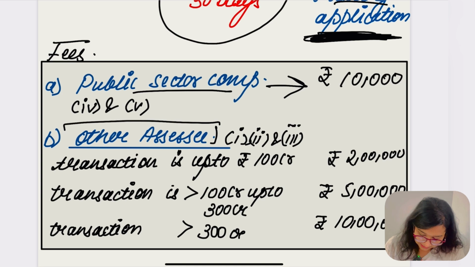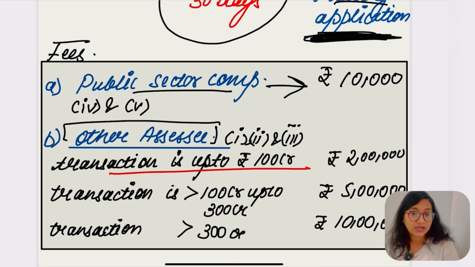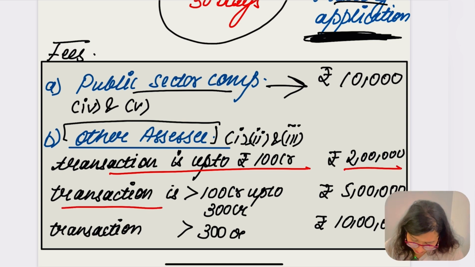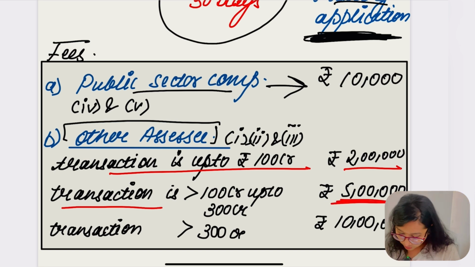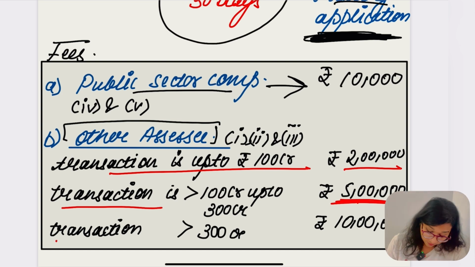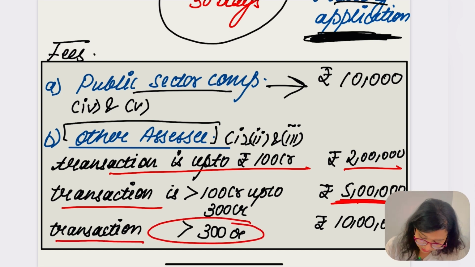For any other applicant whose transaction is up to 100 crore, in that case the fees is going to be 2 lakh. If the transaction is more than 100 crore and up to 300 crore, the fees would be 5 lakh rupees.